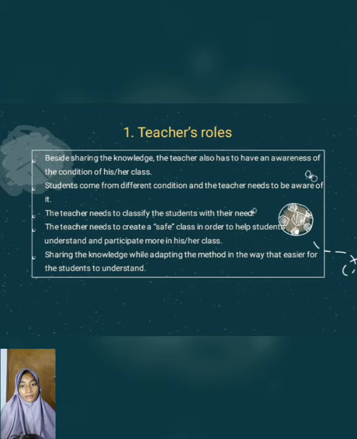For example, for students that have a physical defect, like their ear does not work the same as the others, the teacher has to provide a method or media that can help them understand the material and participate in the class.